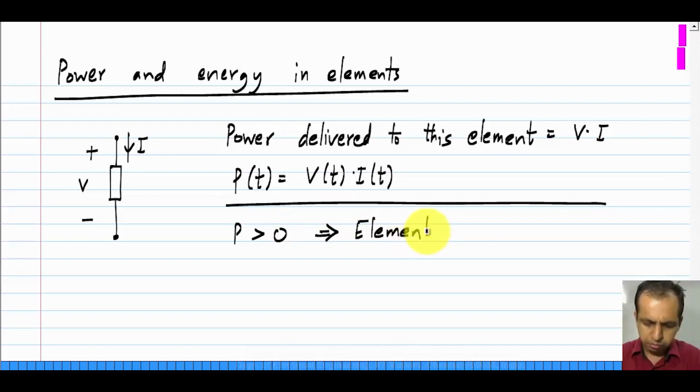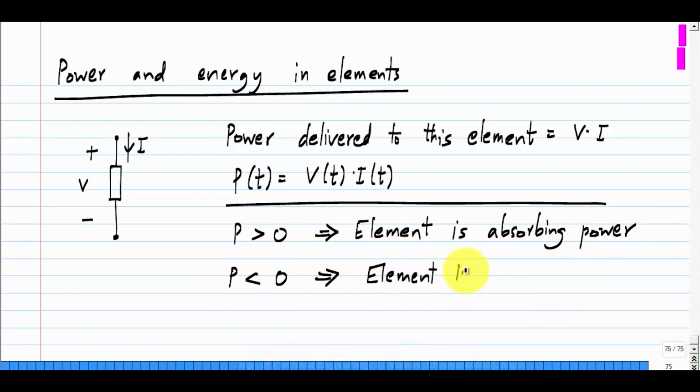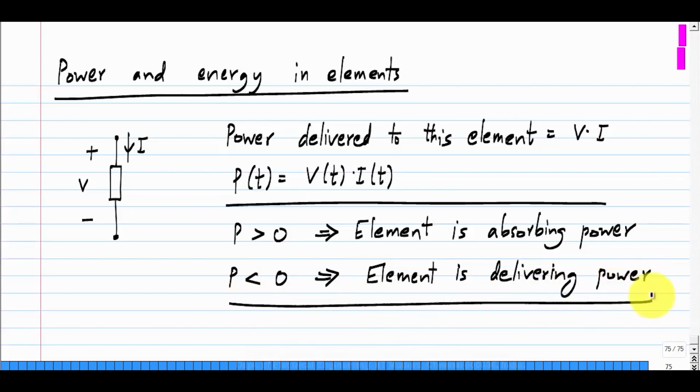So, P greater than 0 means that the element is absorbing power, and P less than 0 means the element is delivering power. So, that is about the definition of power in a two terminal element.